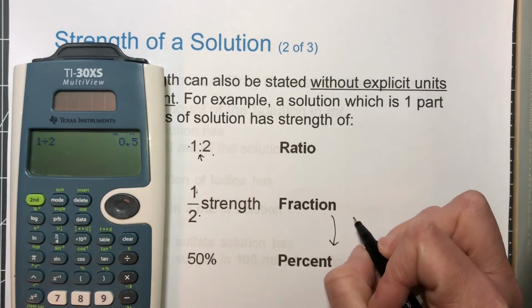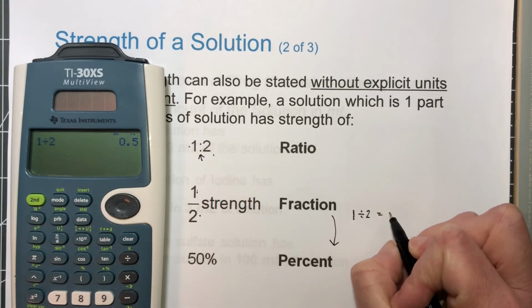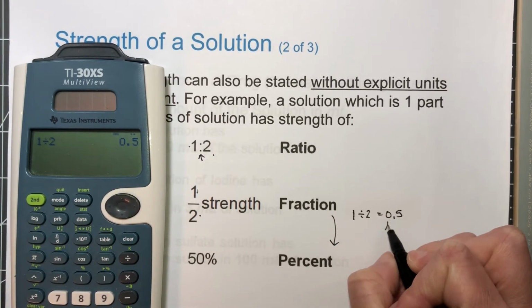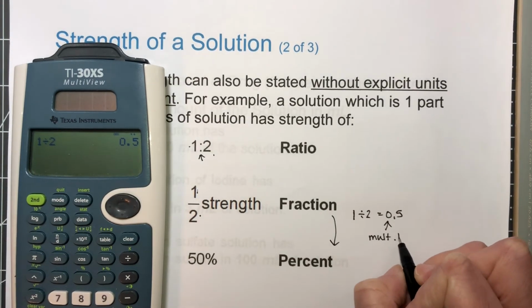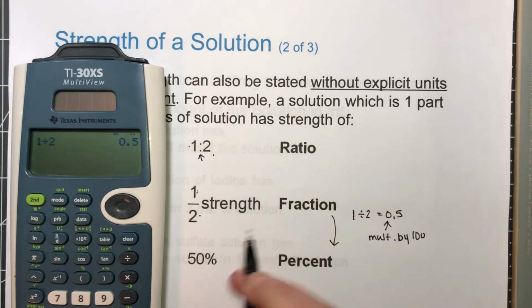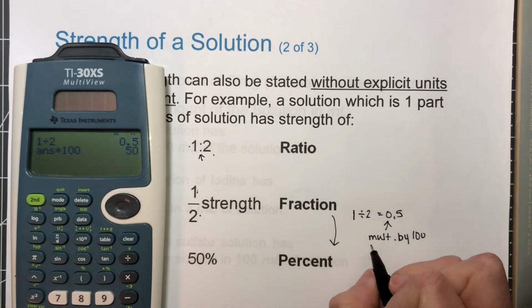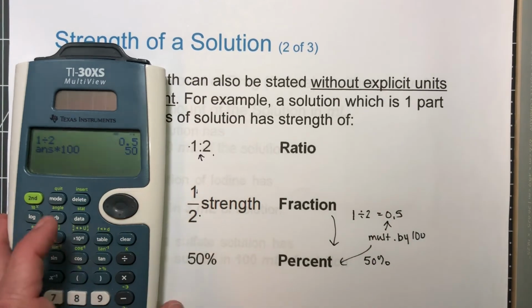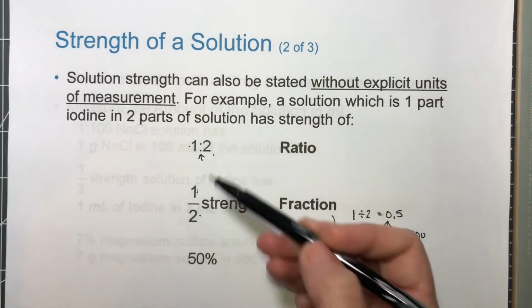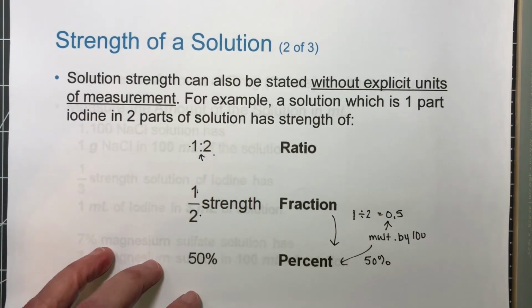To go from here to here, we do 1 divided by 2, which gives me 0.5, and then you take this and multiply by 100. And that gives me the 50%. Okay, so these two come right out of each other. This one you need to do a little bit of calculations, but it's not hard stuff.